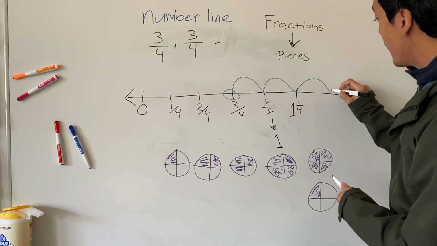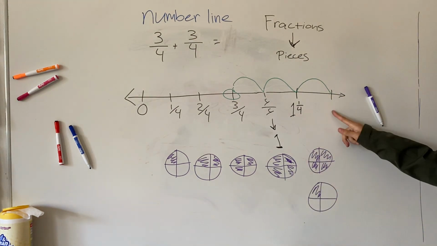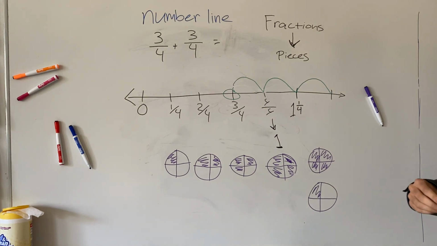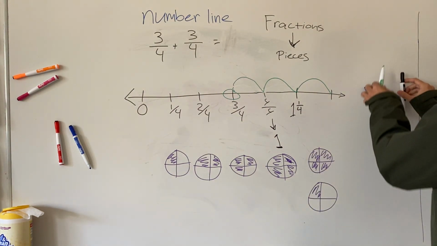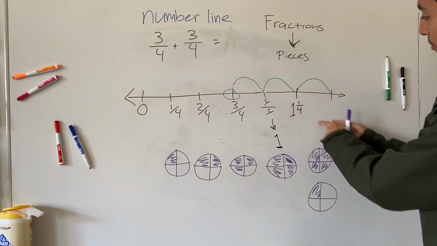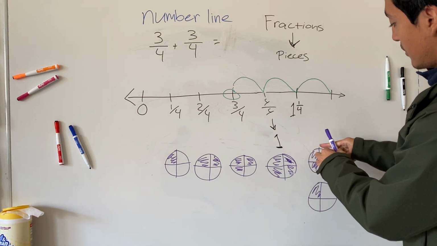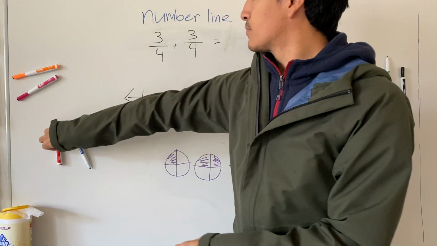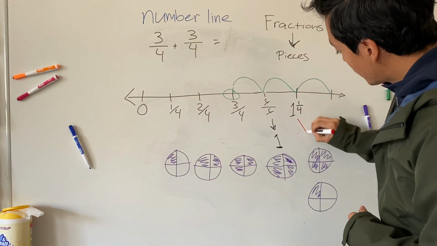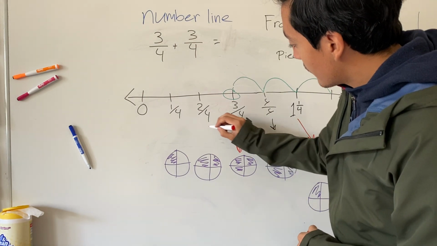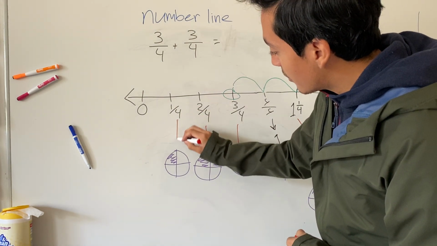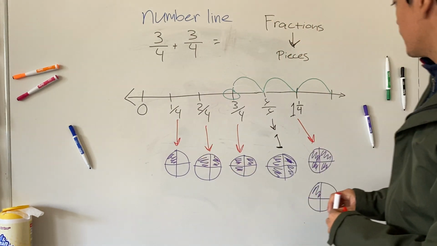But again, I don't have a number here. What's going to be in this tick mark? Well, let's draw a picture. Because the tick mark before it, this one right here, again, remember, this fraction belongs to this one, and this one belongs to this one. Okay?